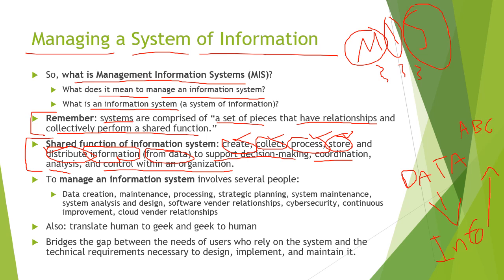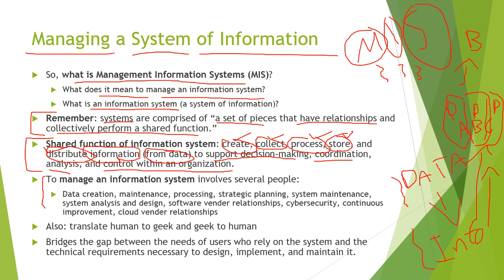So person A, person B, person C, depending on what information they actually need. So you need the ability to collect this data, to turn it into information so that these individuals within your organization have access to that information, and can make decisions that then affect the business as a whole.